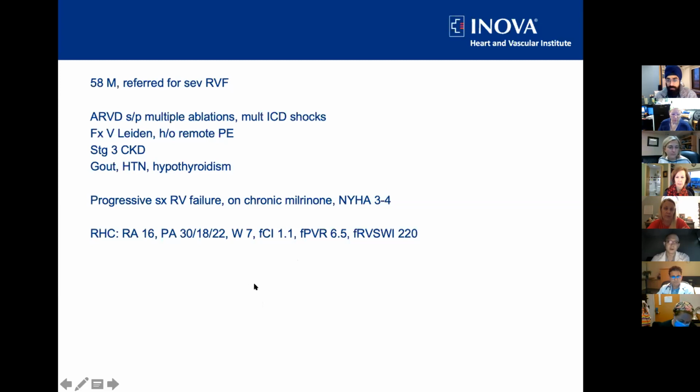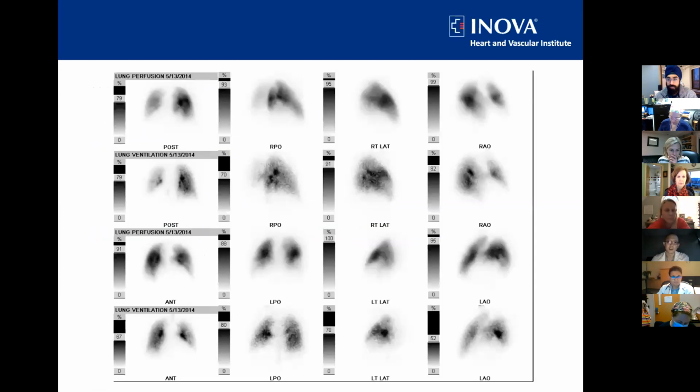Number one, the mean pulmonary pressure was in the low 20s, which maybe by the newer definition counts, but is not really significant pulmonary hypertension. Despite that, the cardiac index was remarkably low, and with that, a moderate elevation in the PVR. And the question is, what's going on?